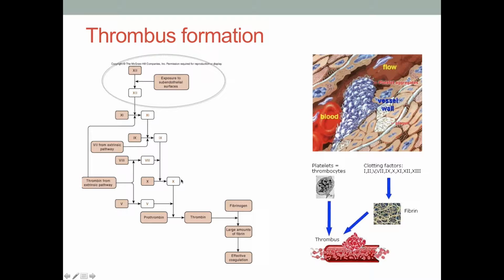Once factor 10 is activated, we refer to everything after that as the final common pathway, because regardless of the intrinsic or extrinsic pathway, once factor 10 is activated, it cleaves the substance prothrombin into thrombin, and thrombin, which exists in a burst, it really is a positive feedback, and it can activate many strands of fibrinogen.